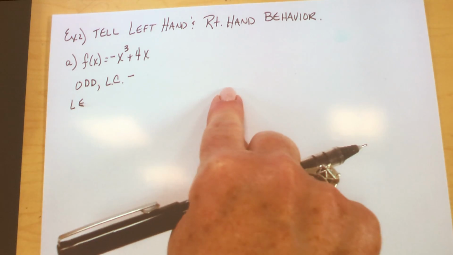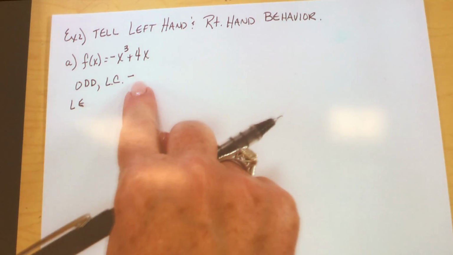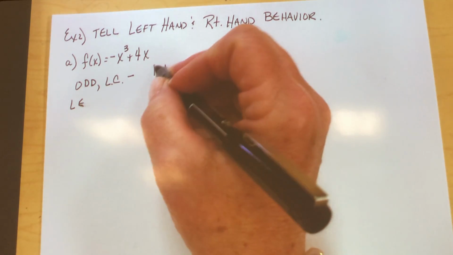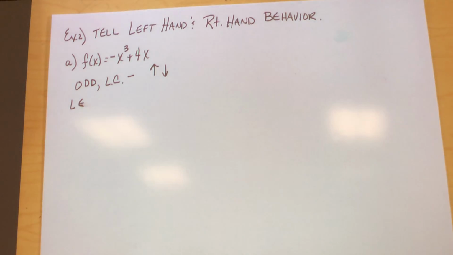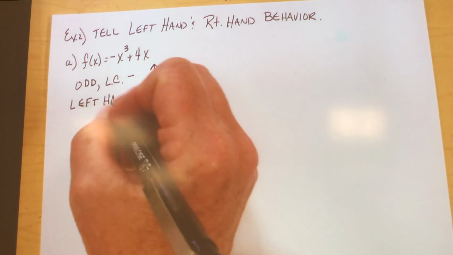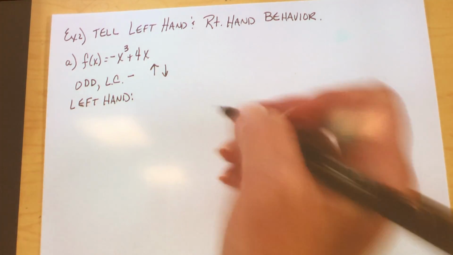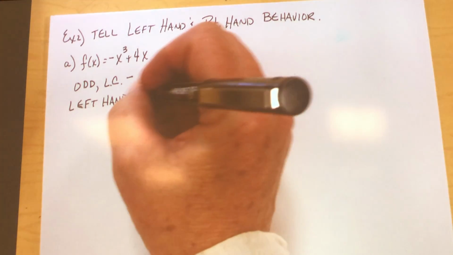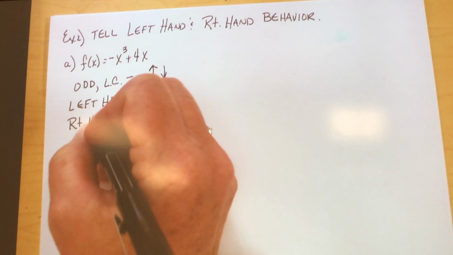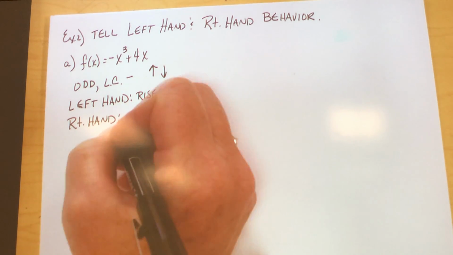You read from left to right, so that's the right hand behavior. So he ends up going down, where did he have to start? Up left. So, his left hand behavior is what? Rises, very good. His right hand behavior falls.